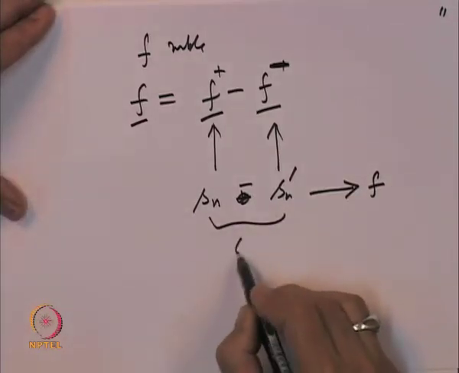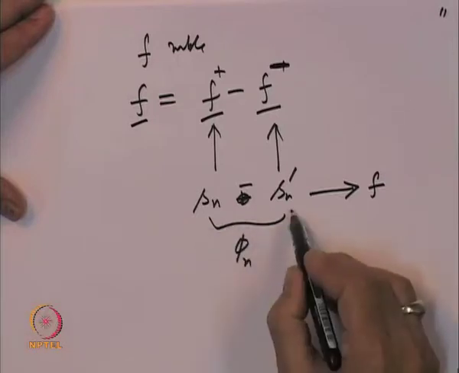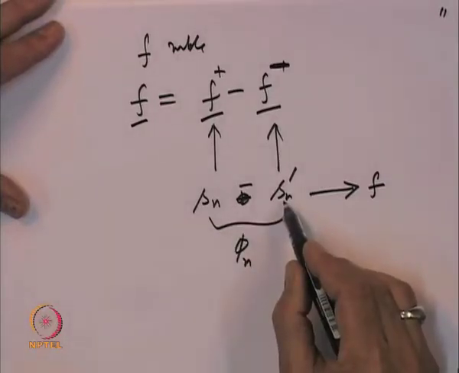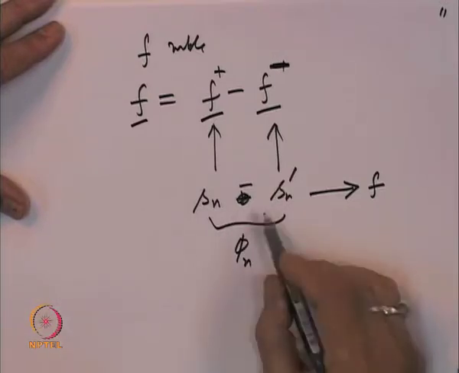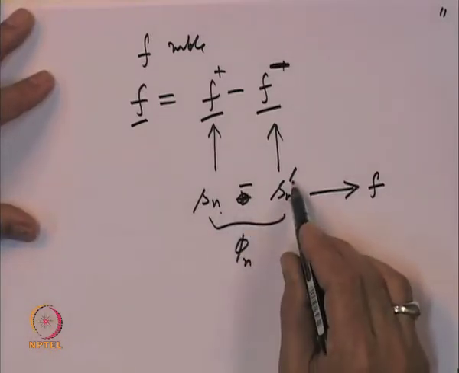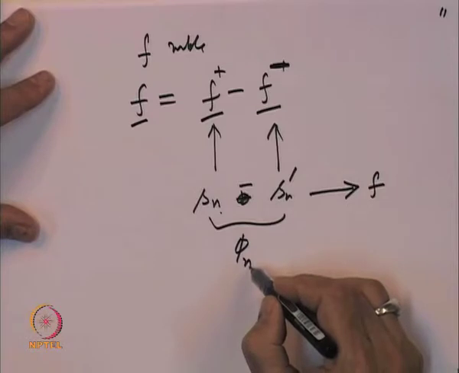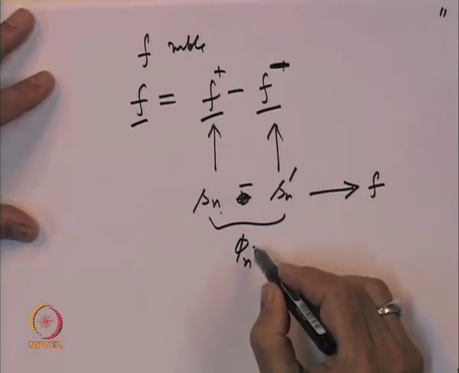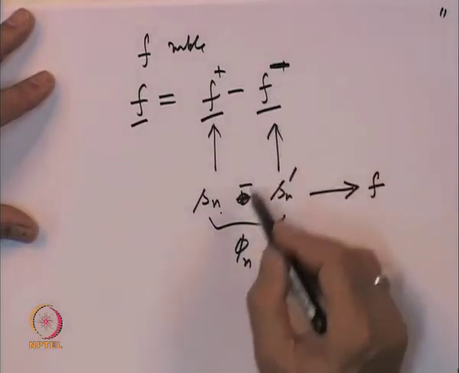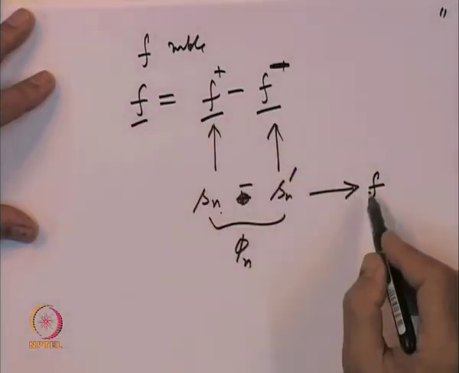So, call this your new sequence, phi n. Phi n is a sequence of simple measurable functions, because the difference of simple measurable functions is measurable. S n is a simple measurable function, S n dash is a simple measurable function, so phi n is a simple measurable function. S n converges to f plus, S n dash converges to f minus, so the difference will converge to the difference, which is f.